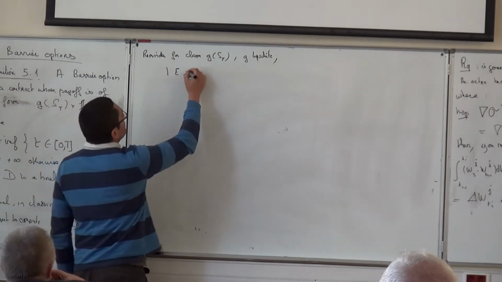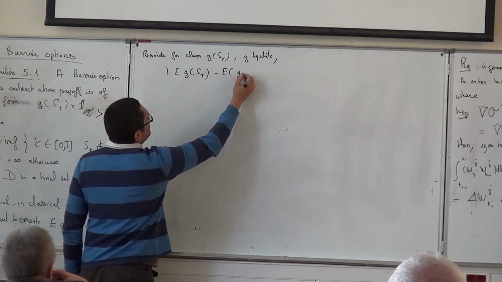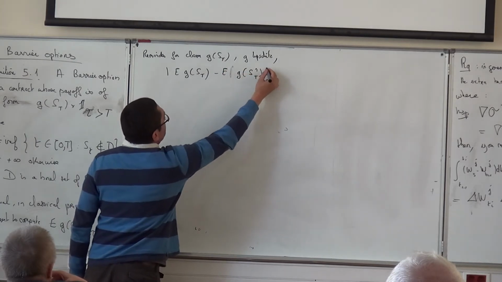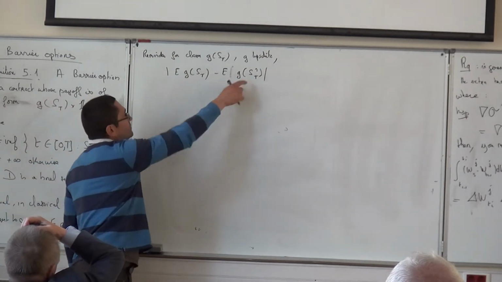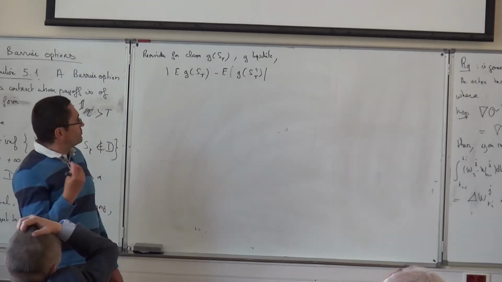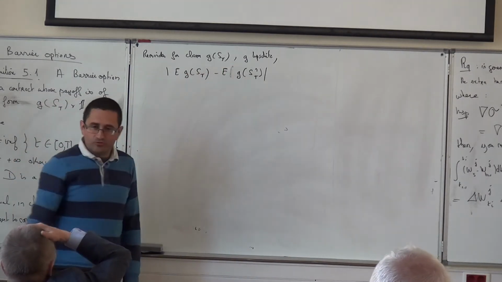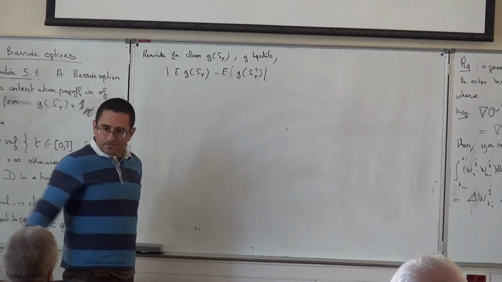That is, we approximate this expectation by the expectation of G of S^n_T. When you compare these two quantities, you want a hint about the error you make by approximating this by this.